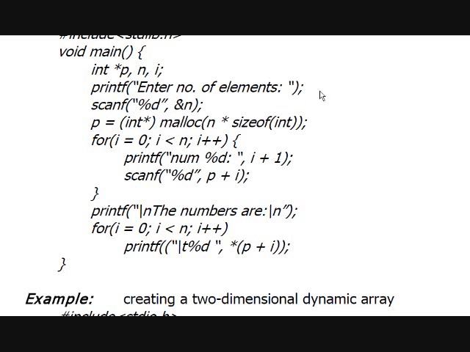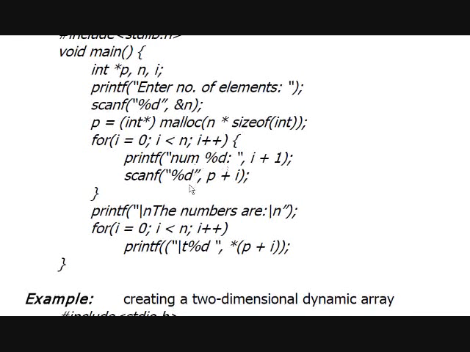So if the user wants 10 elements, then you can allocate 10 times 2 bytes each, that's equal to 20 bytes of memory from the heap, and you will have 10 cells of 2 bytes each. Okay, so using the for loop here, you can input the elements to be stored in your dynamic array.